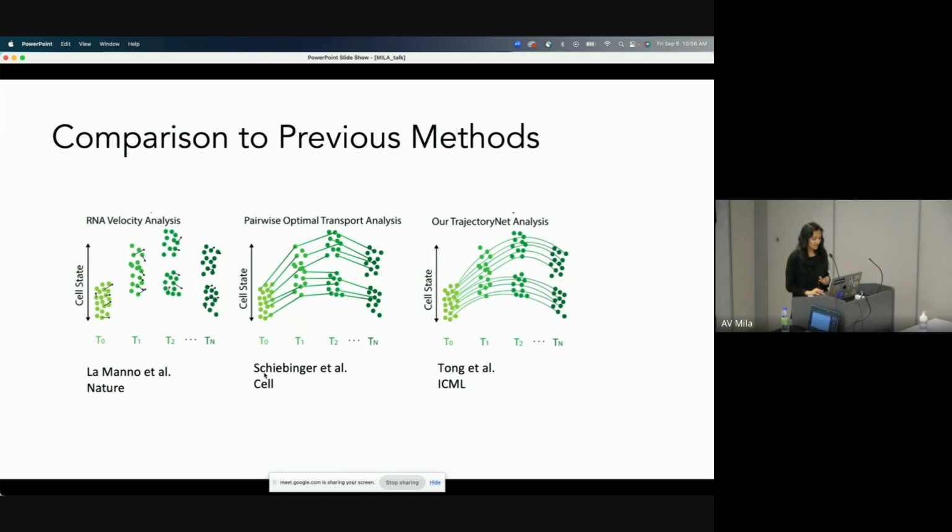A more relevant piece of work is called Waddington OT. Waddington OT was maybe one of the first papers to use the concept of optimal transport, but they used it more as a matching. So you get an idea of which cell is like this cell at the next time point.